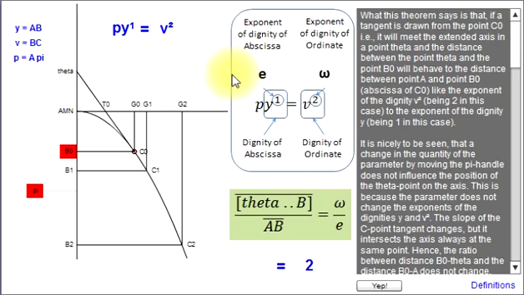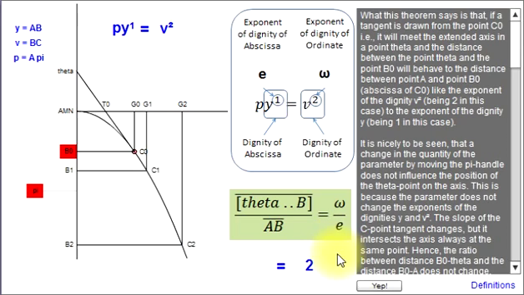Ricci found, and he also proved it in his treatise, that the proportion of the distance theta b divided by a b, being the abscissa, is equal to the exponent of the v dignity divided by the exponent of the y dignity.